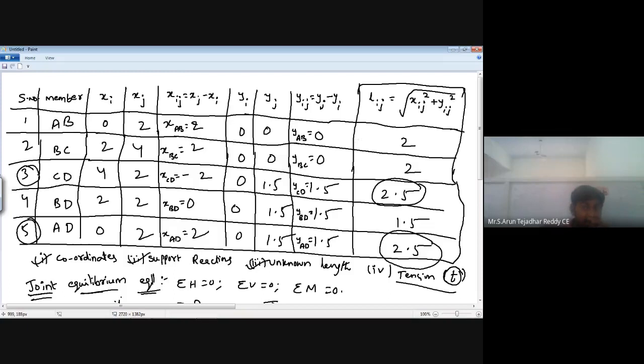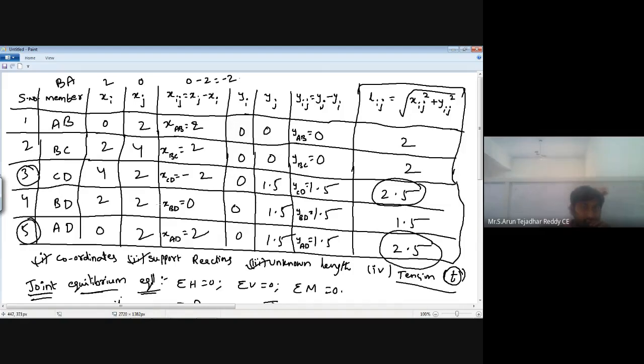But in this joint B, there is BA. Here xi means 2, xj means 0. Same value substitute here. Xj minus xi: xj is 0 minus 2, then it is equal to -2.